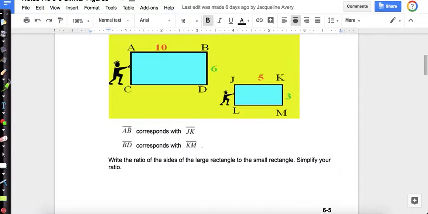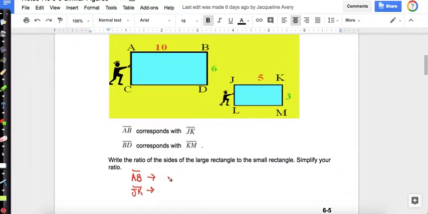So just like we did with other proportions, we're going to write our unit out here. In this case, it's not a unit, it's a side. So we're going to put side AB on top, and side JK on the bottom.